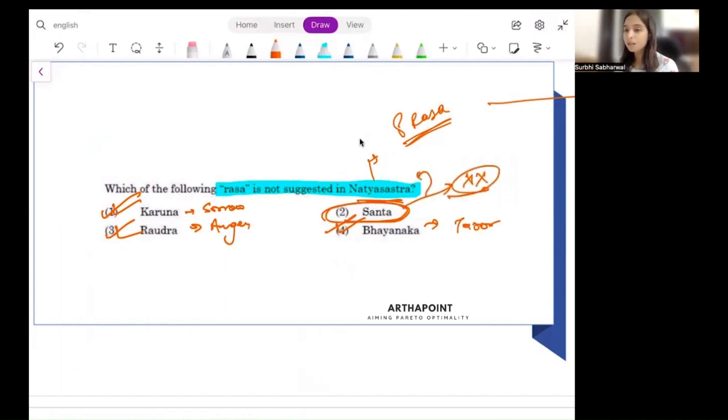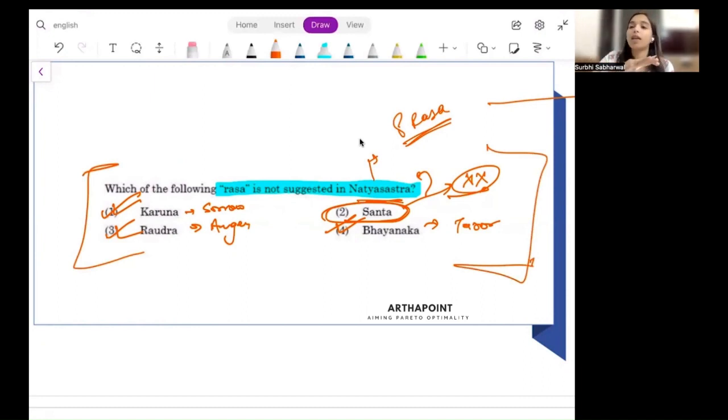However, at some places you would find that instead of 8 rasas, they have given 9 rasas in the Natya Shastra, and the last one is Shanta, that is peace. But essentially, there are only 8 rasas present in the Natya Shastra. So this question could be quite confusing, but you should follow what is given in the text and not any other additions that have been made to the text, right?